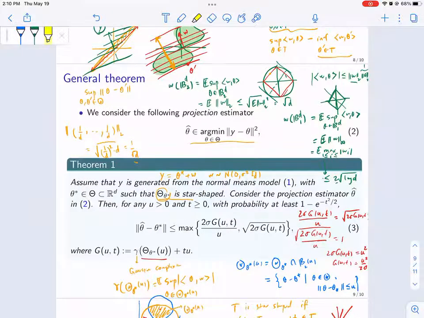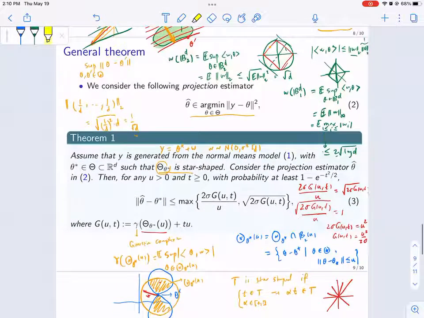So we looked at this and we saw that we had this result which related the deviation between theta hat and theta star to the Gaussian complexity of this basically neighborhood of theta star in capital Theta.